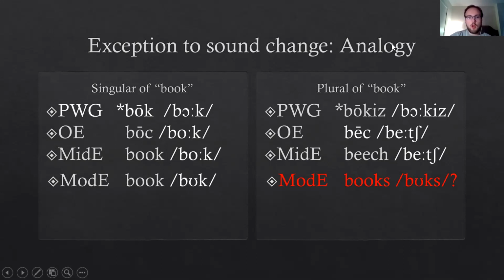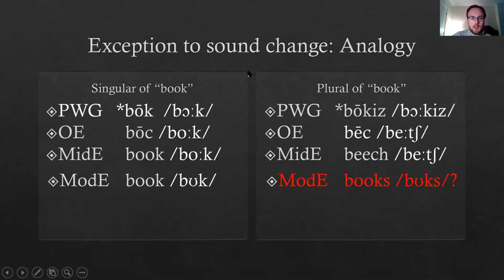So in Proto-West Germanic, we have "bok" and its plural "bokiz." Due to the process of umlaut, by the time of Old English, this becomes "bok" and "bek," and then this O gets fronted to an E, and later gets raised a bit. Don't worry about the consonant changes for now.